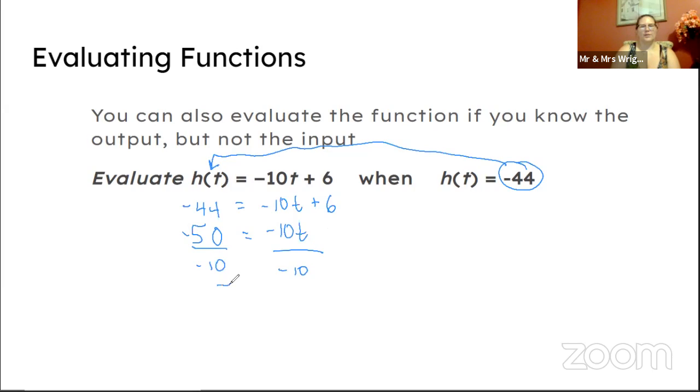And that's going to leave me with a +5 here because I've got 2 negatives. That's an even number, so that means that my answer is going to be positive. 50 divided by 10 is 5. These cancel out, and I've got t. So my answer is t equals 5 when h of t is -44.